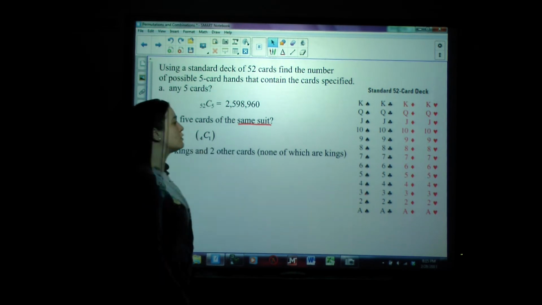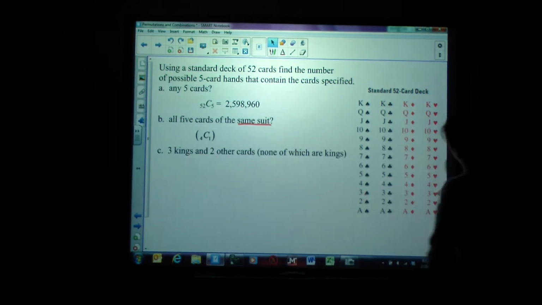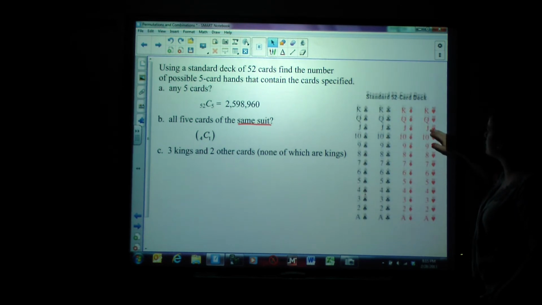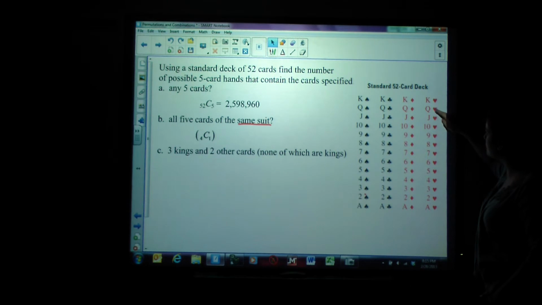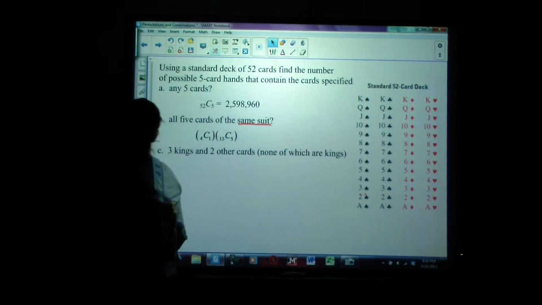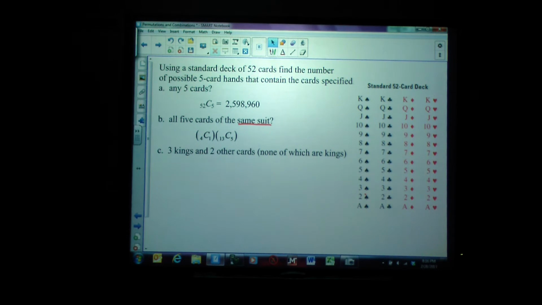Once I have picked a suit, let's say I chose hearts. Okay? Now I want to know how many ways there are to be dealt 5 of the hearts. Well, if you count, there are 13 hearts total, and I want to be dealt 5 of them. So how many ways can I be dealt 5 of them? That's when I would take 13 combinations of 5.